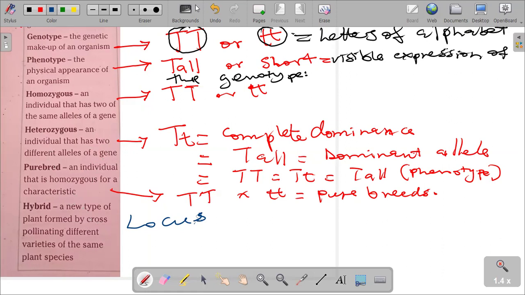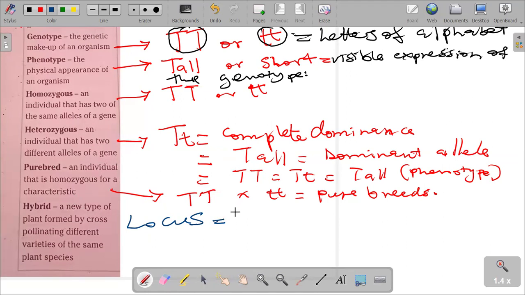When you look at chromosomes, they carry genes.